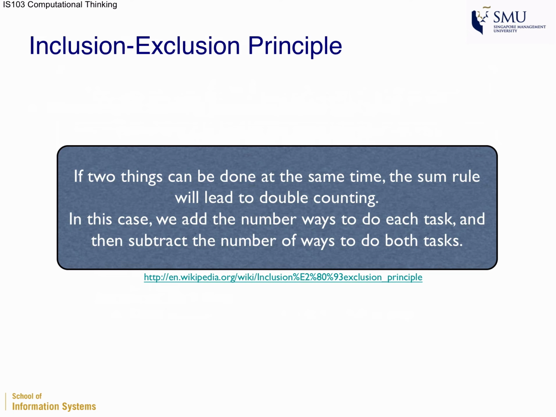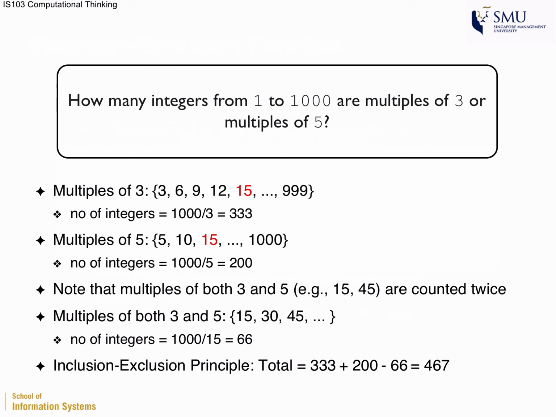So this is what we call the inclusion-exclusion principle. If there are two things, and the two things can be done at the same time, then the sum rule will lead to double counting. So in this case, we add the total number of ways to do each task, and then we subtract the number of ways to do both tasks at the same time, because these are the numbers that are going to be double counted. Now, this is going to be clearer when we actually look at this example.